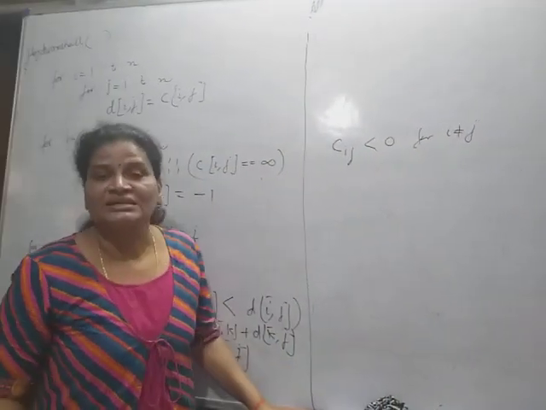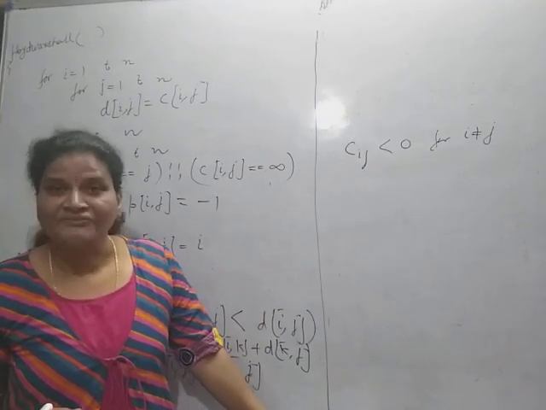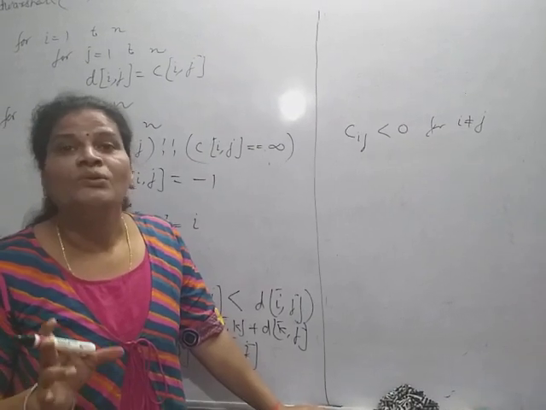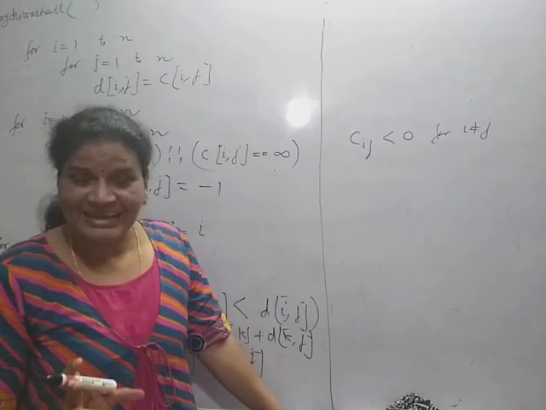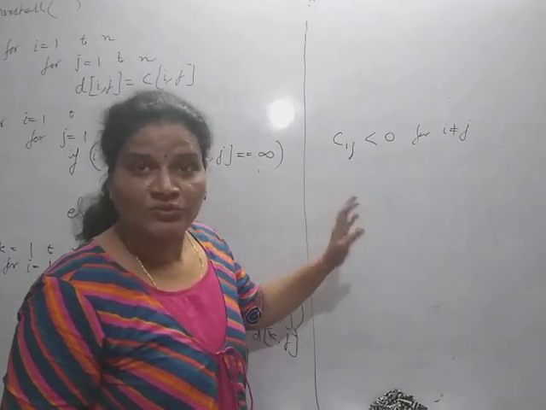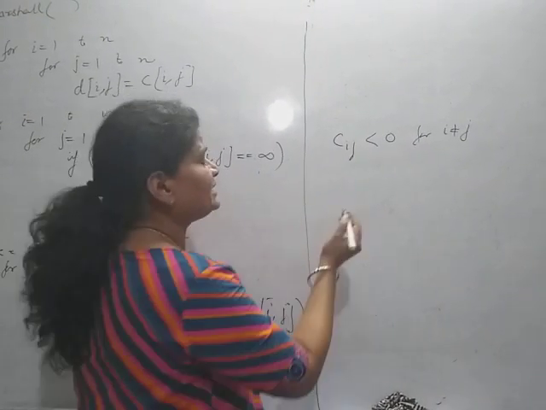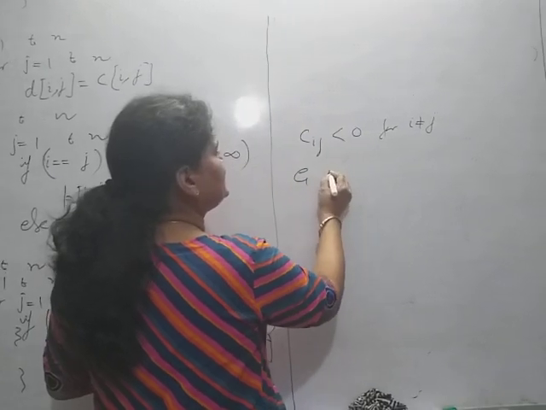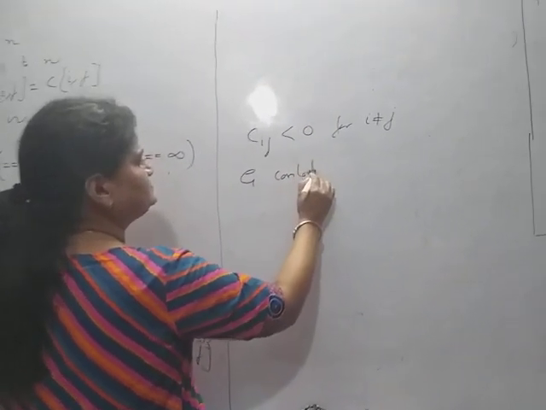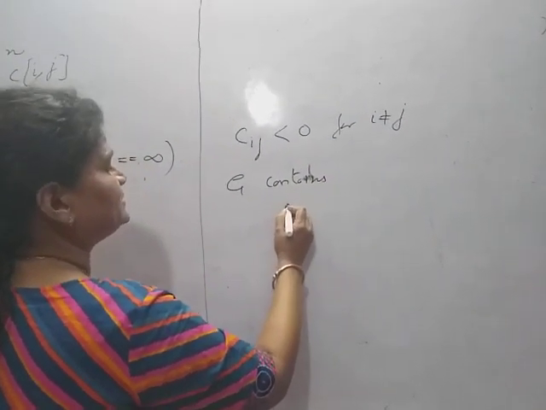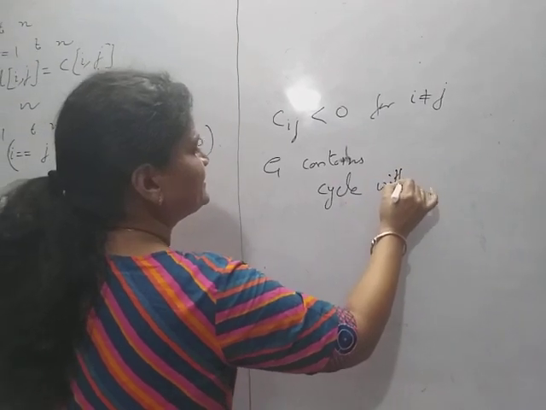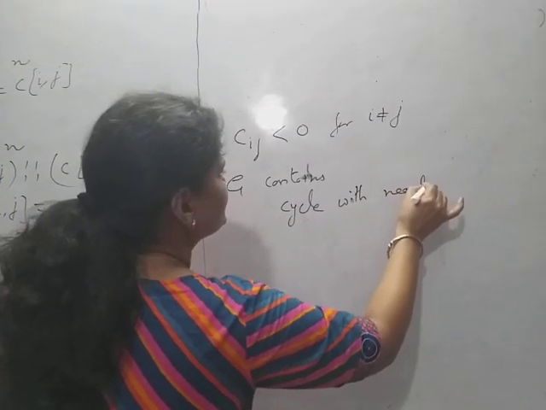So the Floyd-Warshall algorithm works for a graph which contains edges with negative cost, but it does not work properly if G contains a cycle with negative cost.